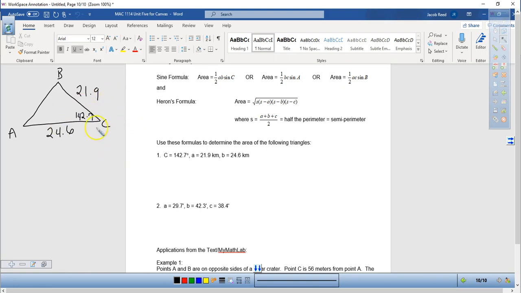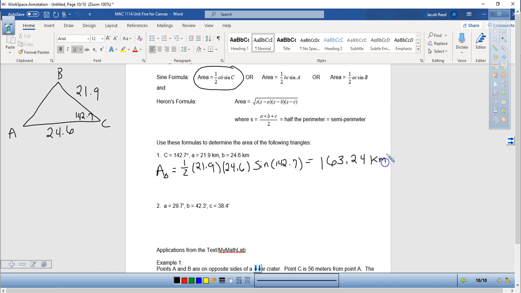Okay, so we have angle C, which means we're going to be using this formula here. And we have little a and little b. So area of a triangle is equal to 1/2, side A being 21.9, side B 24.6, sine of angle 142.7. And when you multiply this out, you get 163.24 kilometers squared.